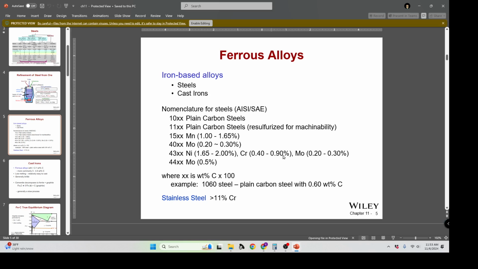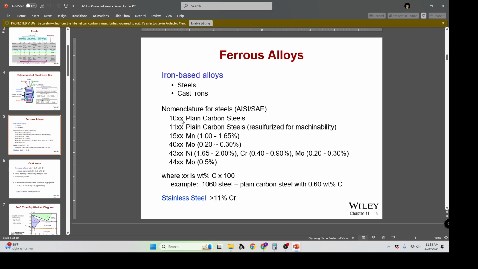The 43 series is nickel, chrome, molybdenum, a very common combination of materials that impart a little bit of corrosion resistance, but a lot of strength, higher melting temperatures, much tougher overall alloy, especially when forged.